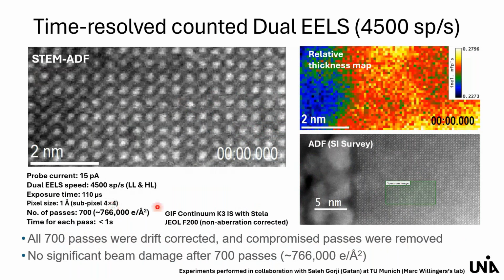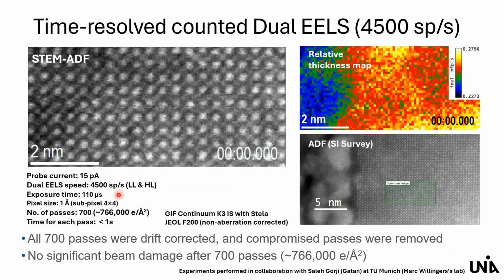So this is 110 microseconds for low loss and 110 microseconds for high loss, so in total 220 microseconds for the summation of both. Our instrument was 25 milliseconds, so that's a big difference. Exactly, it's a lot more.